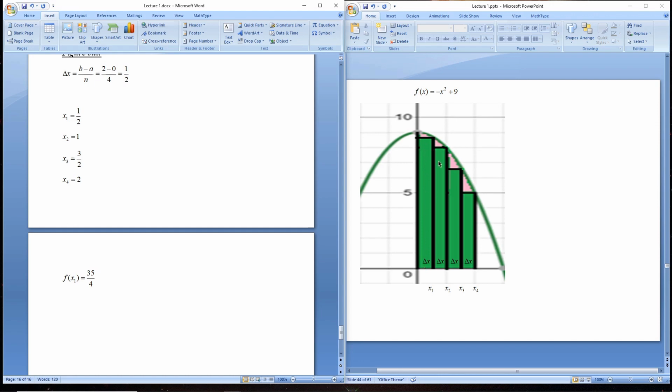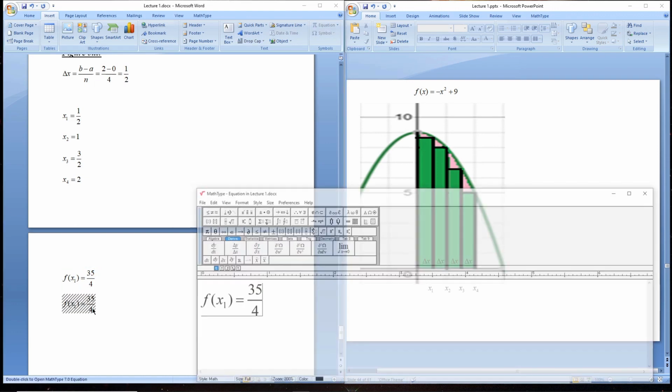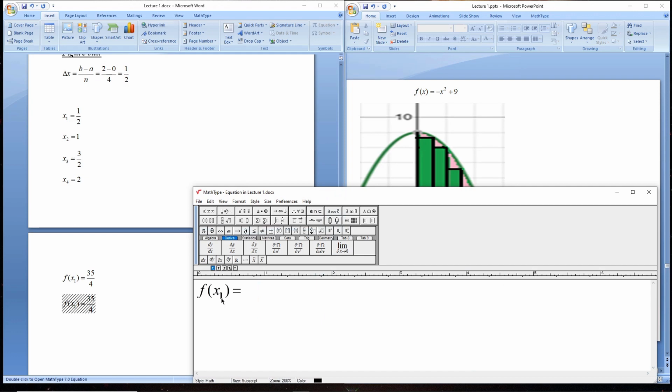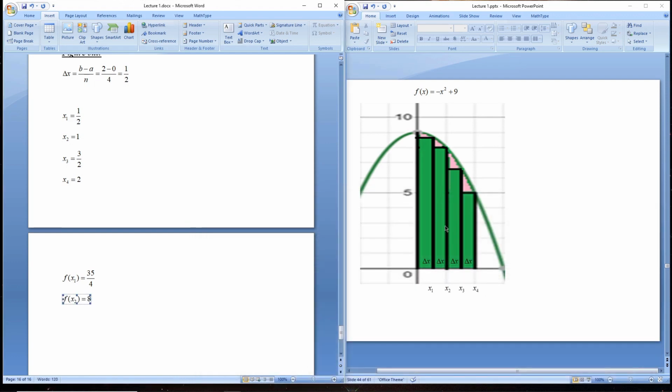So let's figure out the height of the second. Now the height of the second occurs at x sub 2. Well, what is x sub 2? Well, we figured that out. It's 1. So we'll plug that into the function. 1 squared is 1. 9 minus 1 is 8. 8 is the height of the second rectangle.